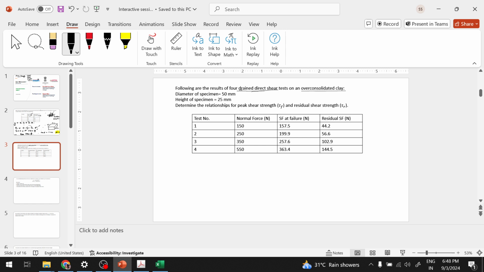The diameter of the specimen means that this is cylindrical. I don't know why they have written direct shear test, but this seems like a triaxial test. The diameter of the specimen is 50 mm. Height of specimen is 25 mm.